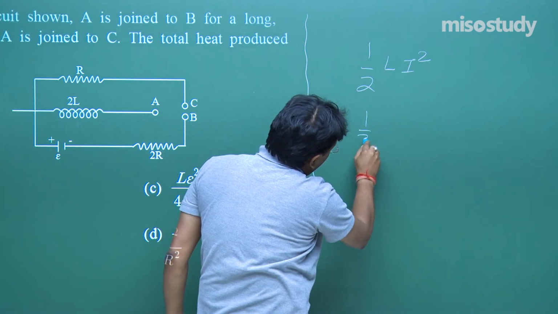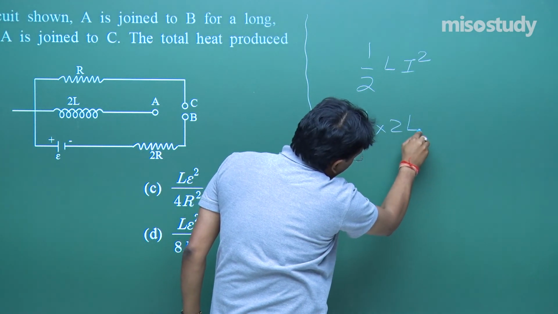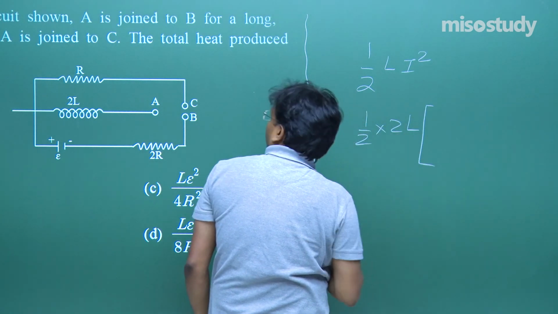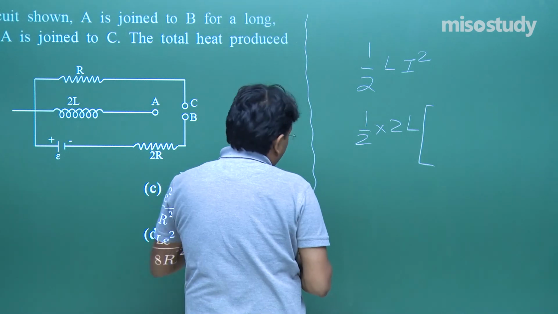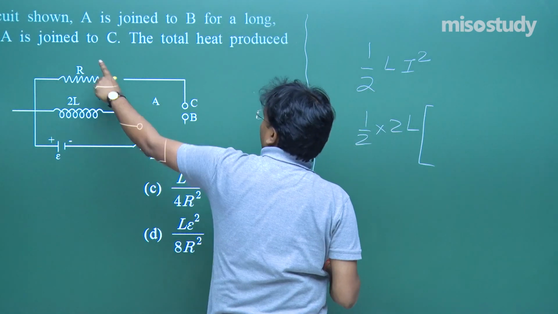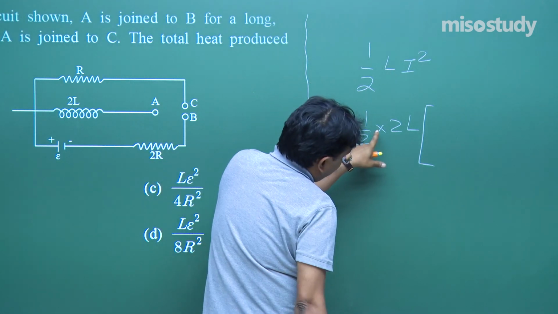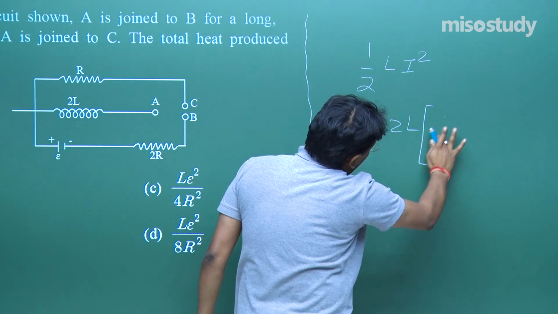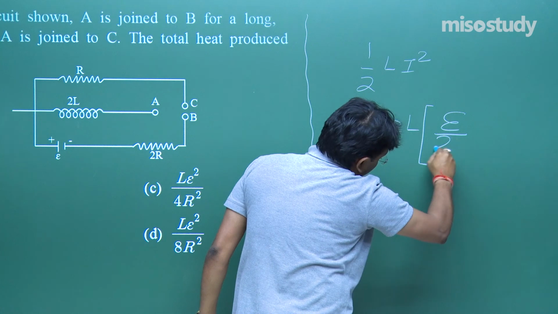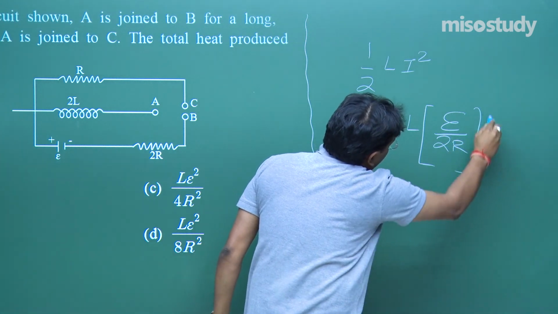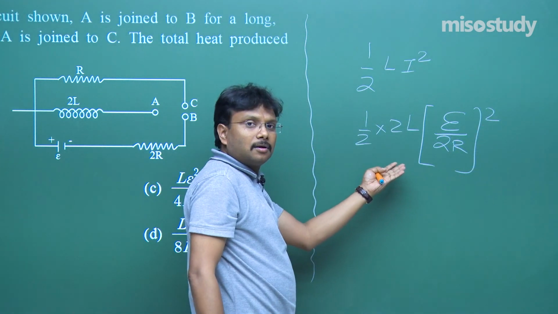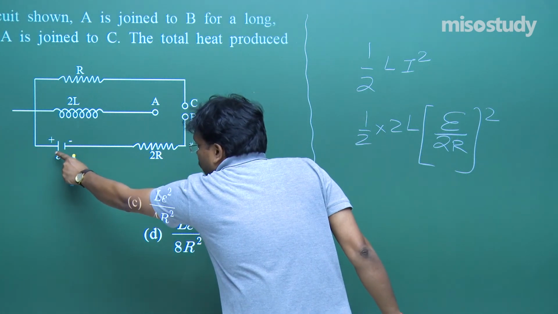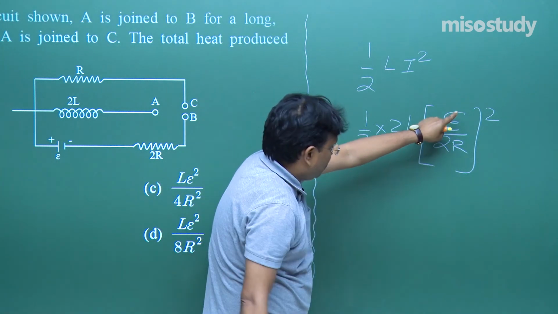So you can say half into 2L, because the value is 2L, into i square, where i is E upon 2R whole square. That is your answer. This is the value given, that is why I am using this result.